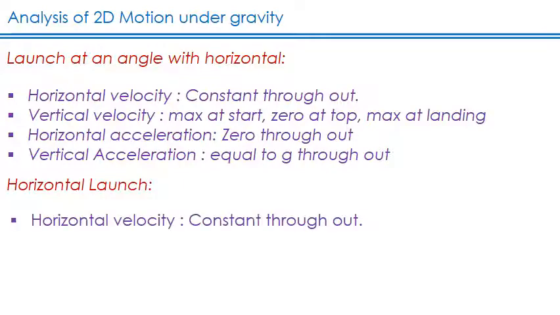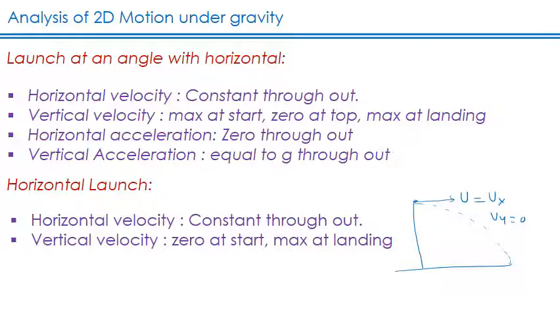And when something is launched at some angle with the horizontal, the horizontal velocity remains constant, and for example, this was launched with velocity u. It means that ux is the horizontal component, and uy is equal to 0.